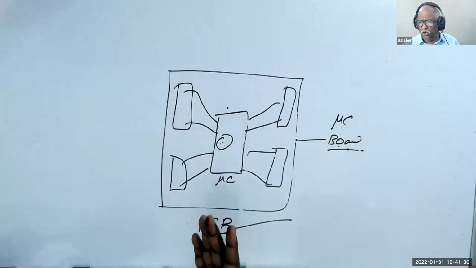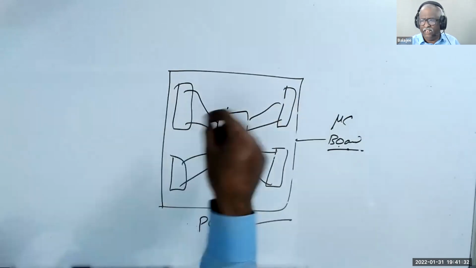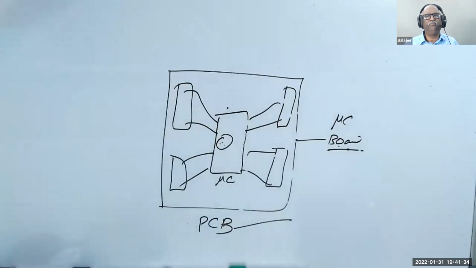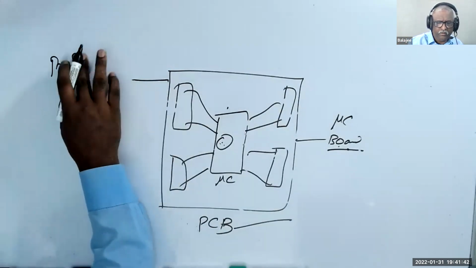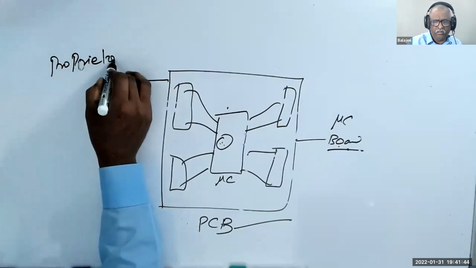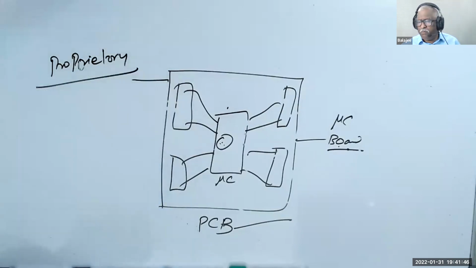What is the use of a microcontroller board? You get connectors. You can directly connect and directly control anything. That's the advantage. But unfortunately, people made this proprietary. They have not released the circuit to the public.